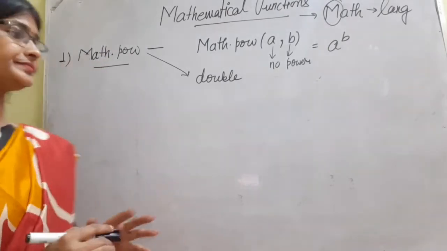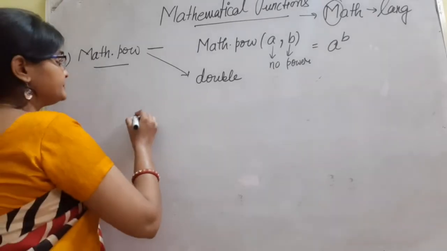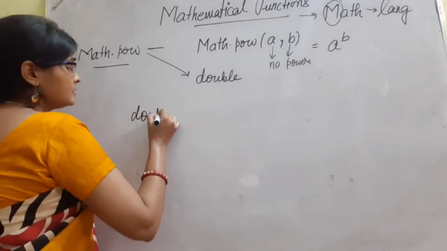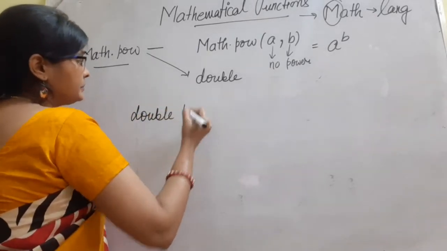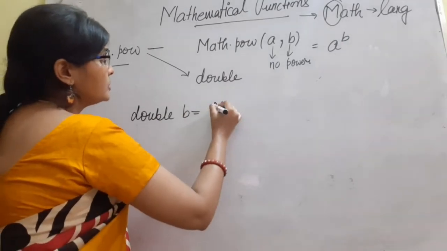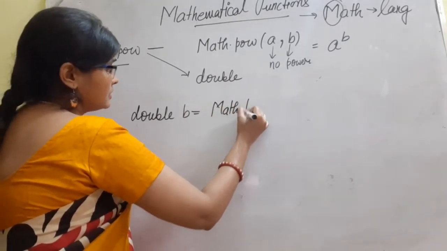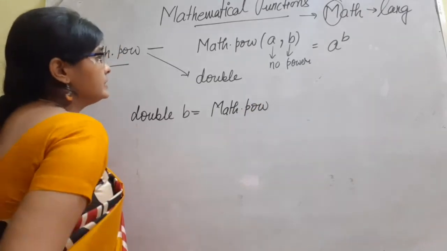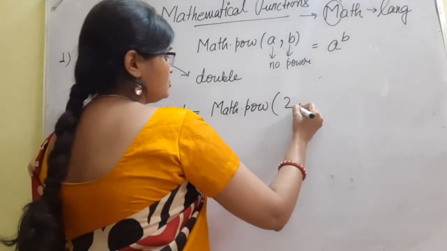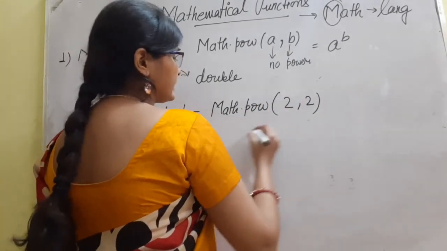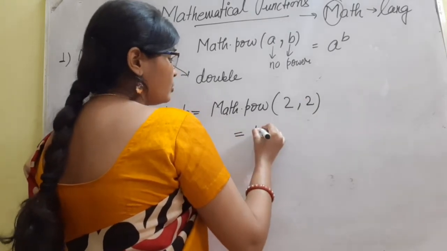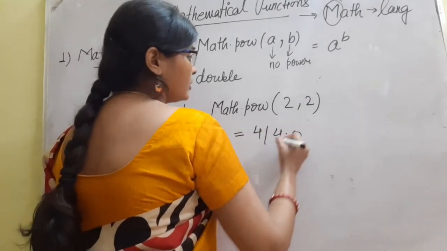Clear? So if I write double b = Math.pow(2, 2), what will you say? It is 4 or 4.0?